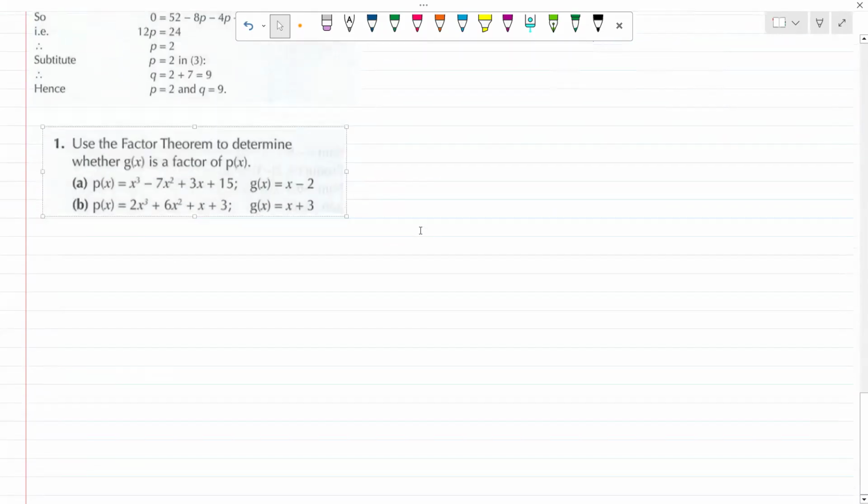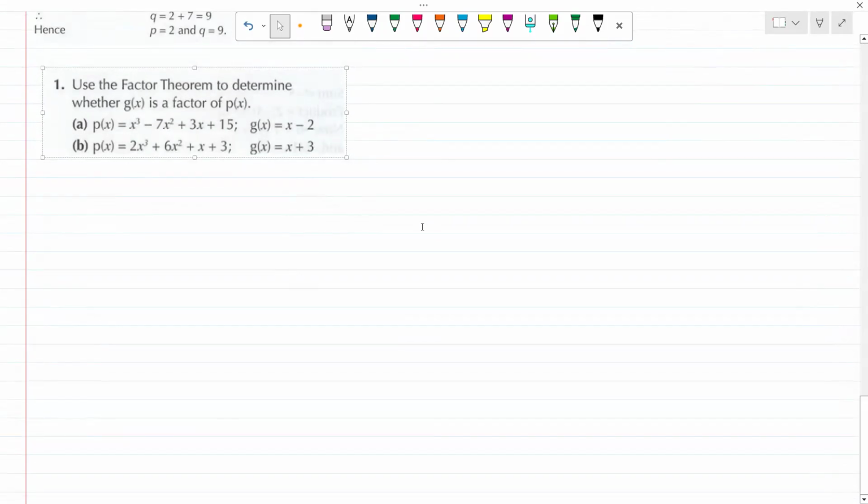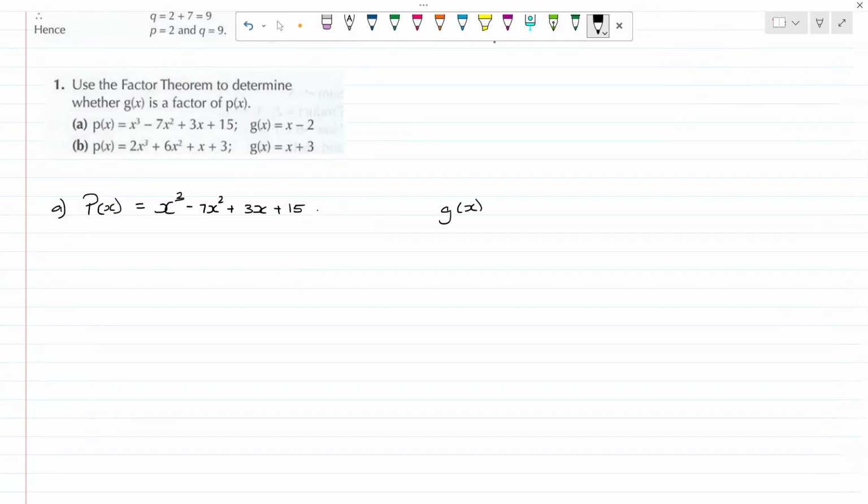Right. Use the factor theorem to determine whether g of x is a factor of p of x. So let's look at A first. We have p of x is equal to x cubed minus 7x squared plus 3x plus 15, right? And we have g of x is equal to x minus 2.